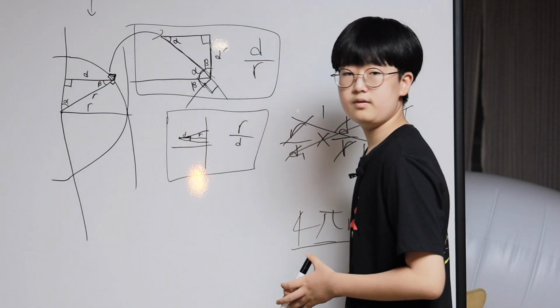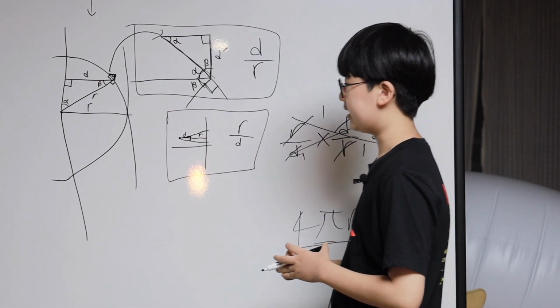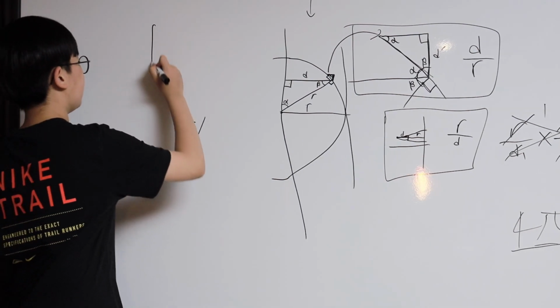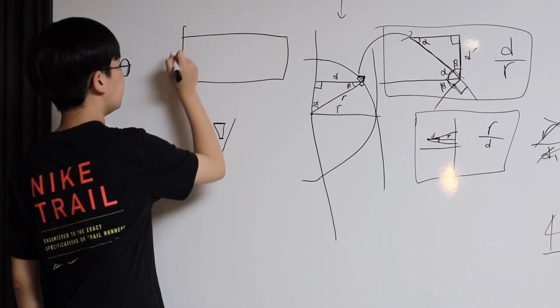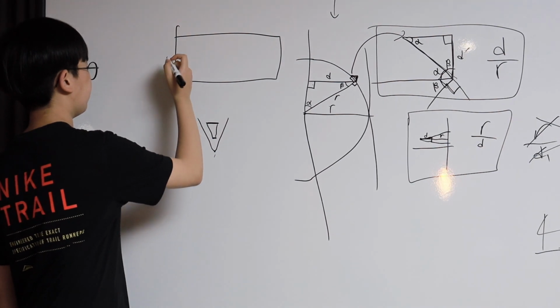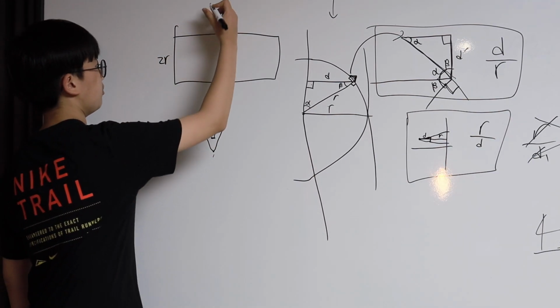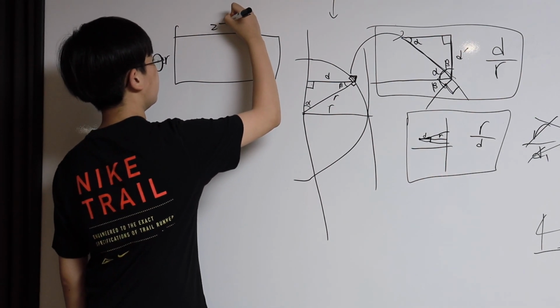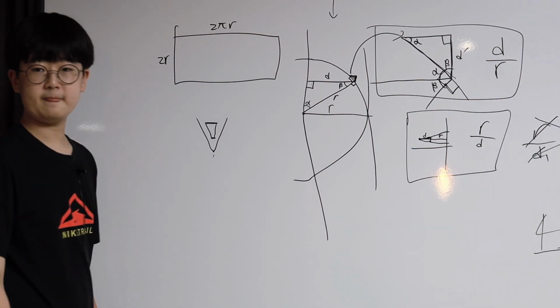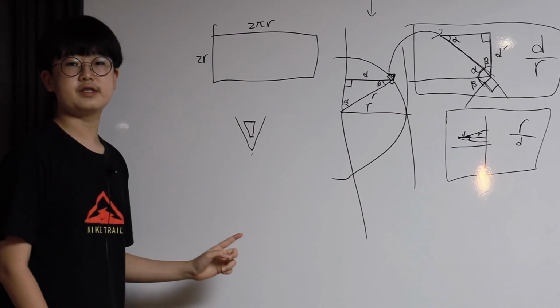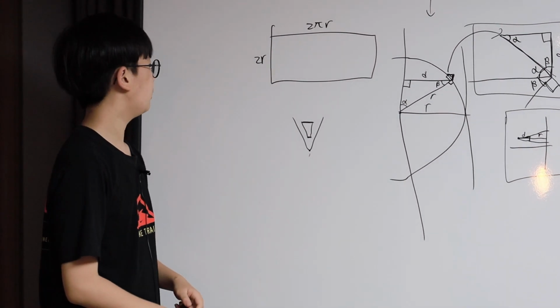So we can now see that the rectangle that we get from the label, 2r multiplied by 2 pi r, is the surface area of the circle.